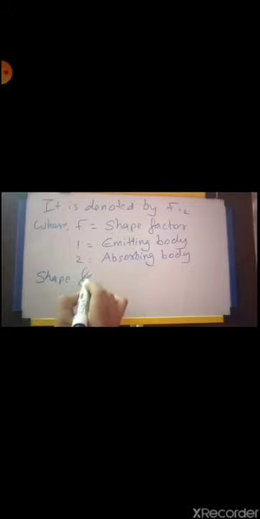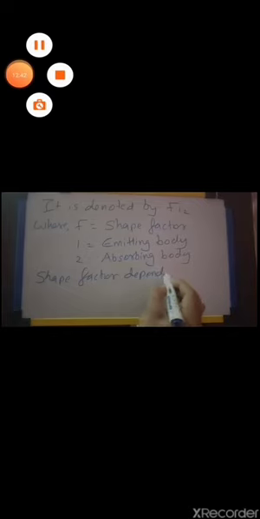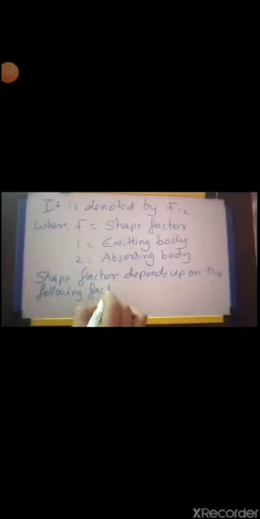Shape factor depends upon the following factors. Shape factor is directly proportional to area of the receiving body.